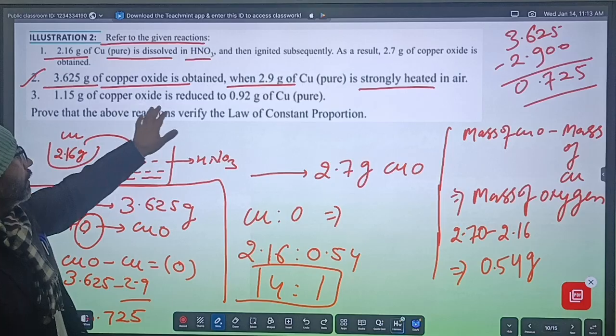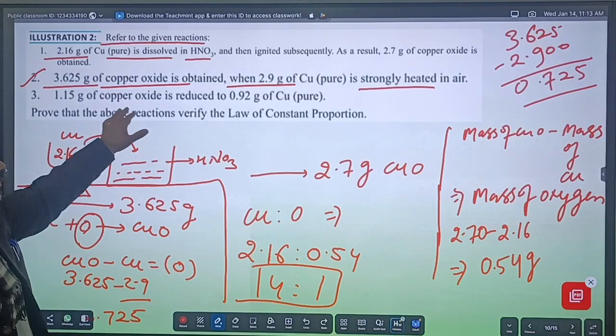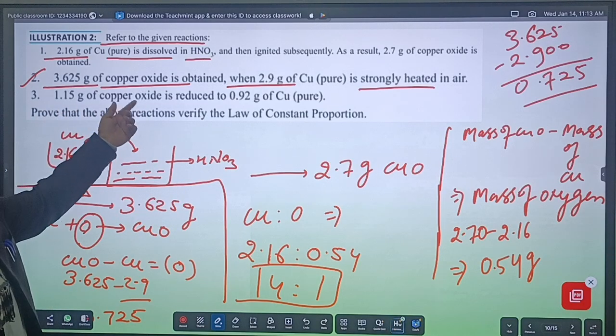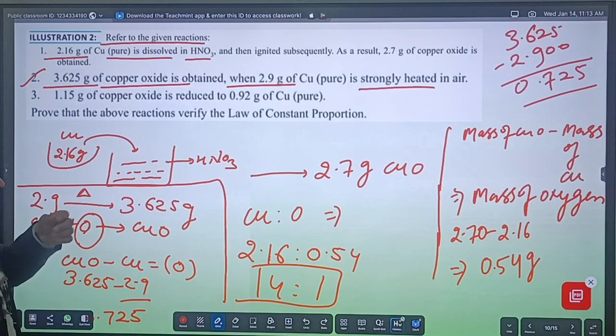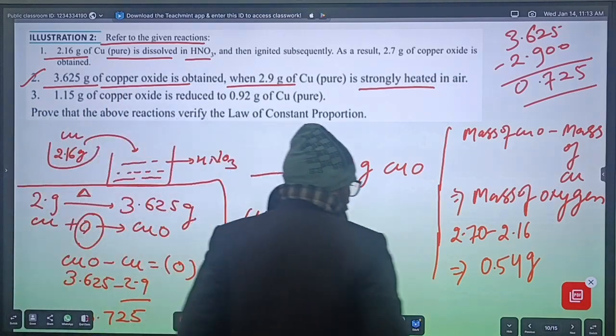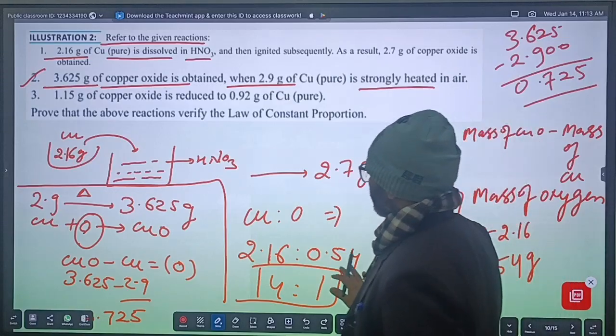Now we can take a third example also. In the third example it will also come out 4:1. So we can solve this also.